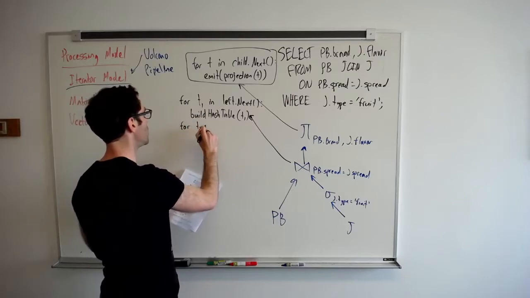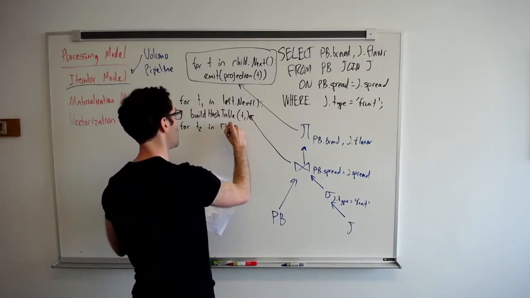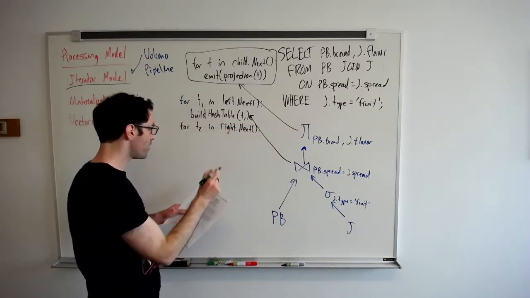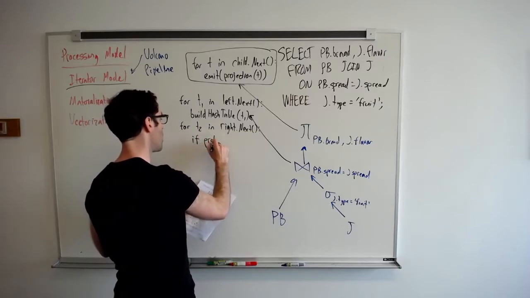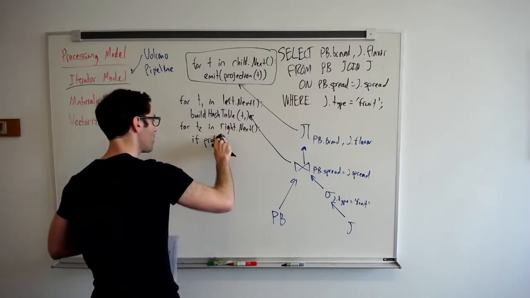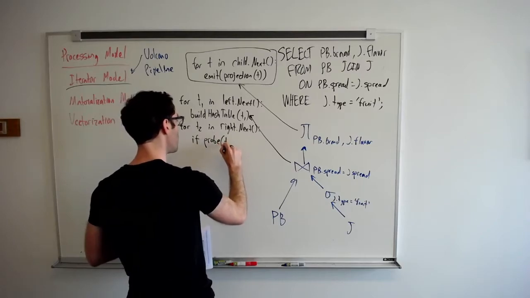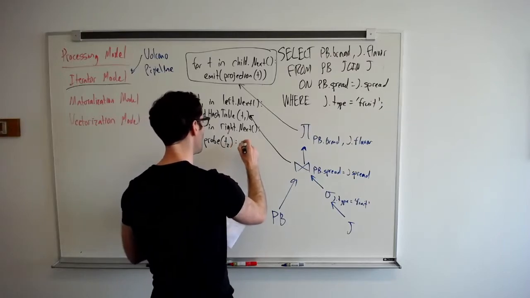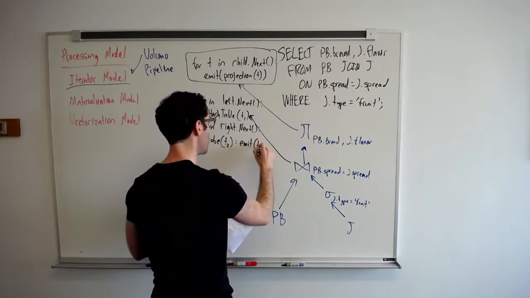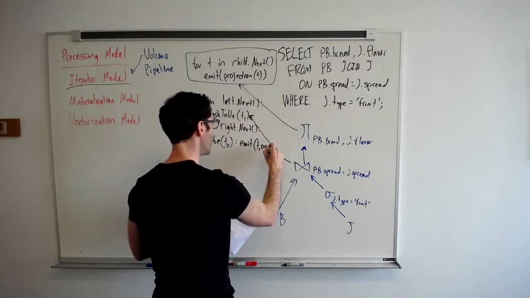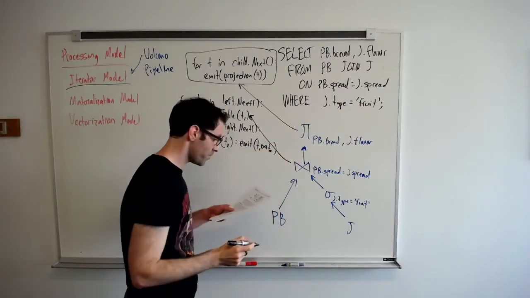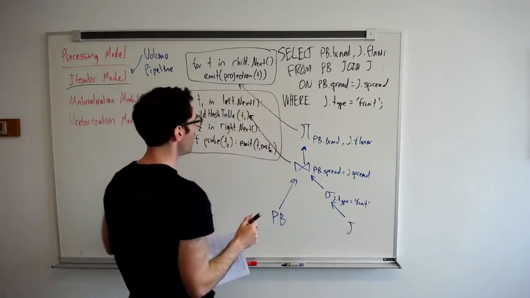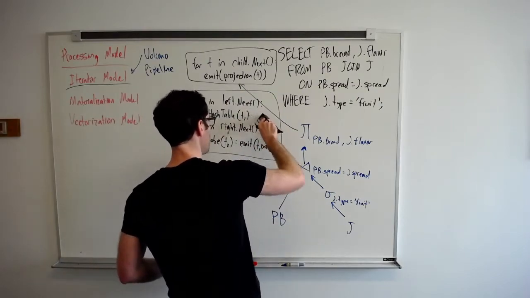So for T2 in right.next, if we successfully probe our hash table with T2 and find a matching tuple, then we will emit T1 joined with T2. All right, so this is our join node here.